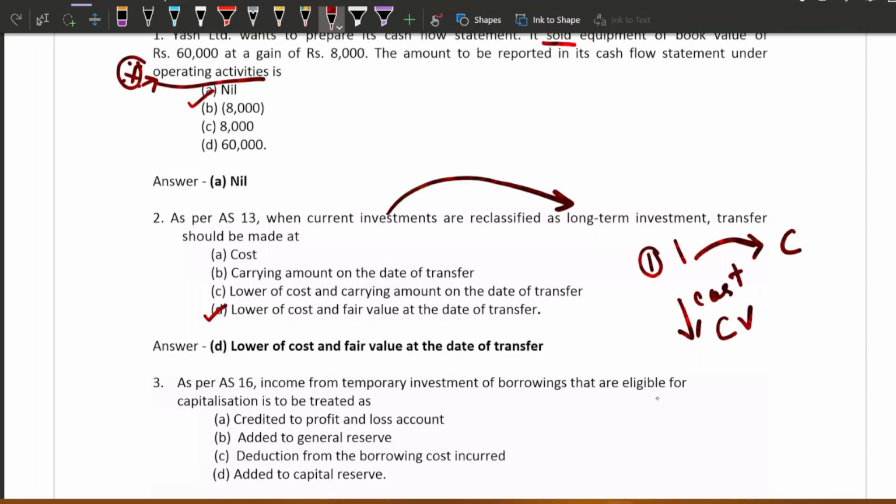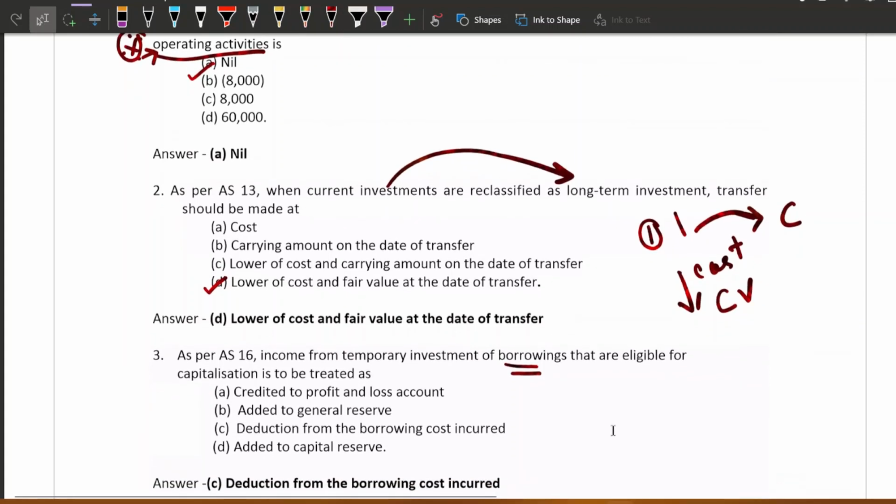Next is the third question. Income from temporary investment of borrowings that are eligible for capitalization is to be treated as: credited to P&L, added to general reserve, deduction from borrowing cost incurred, or added to capital reserve. So the answer is deduction from borrowing cost incurred.